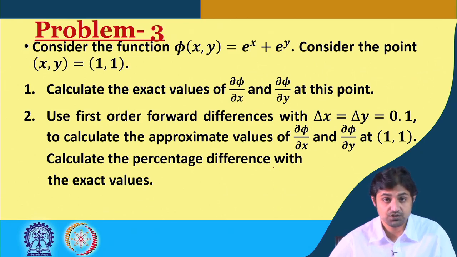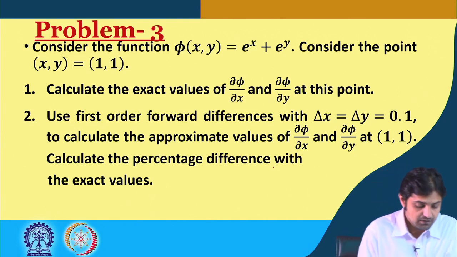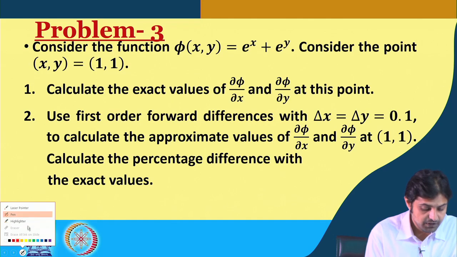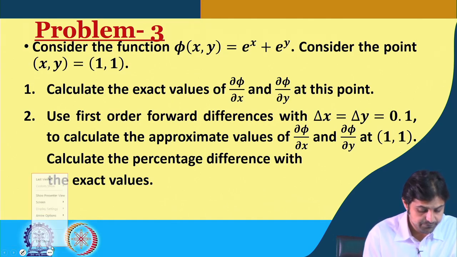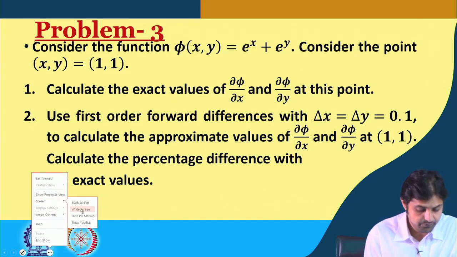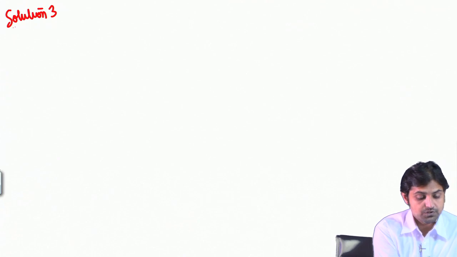So this is the application of all the things that we had done in the last lecture. Okay, and this will be a good way to understand. So solution number 3.